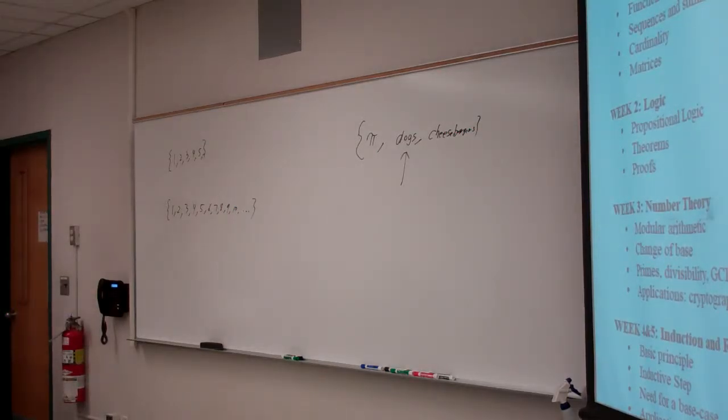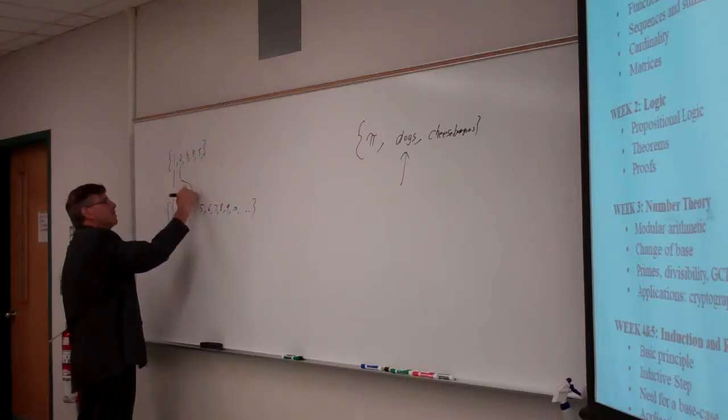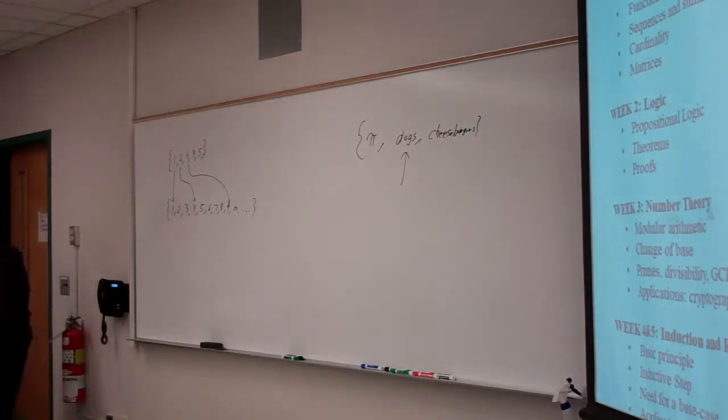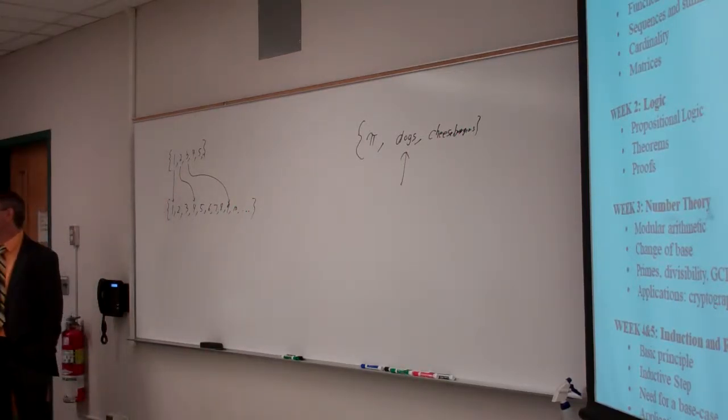I can define a mapping from this set to this set, which maps each number to what we call its square. And a mapping is just saying I want to associate with each element in this set an element in this set. It's a collection of mappings. That's a set.